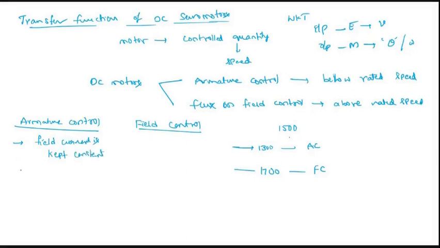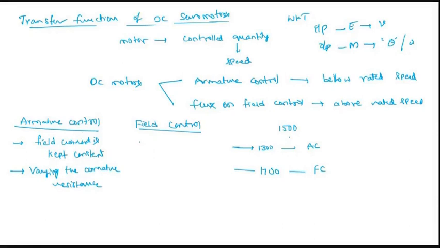By varying the armature resistance, we can control the speed.